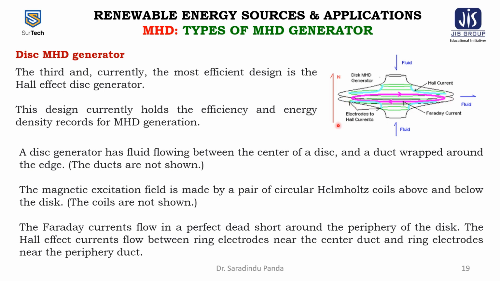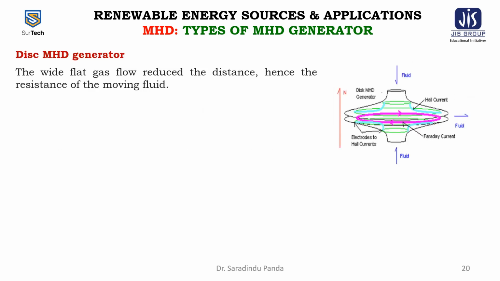The Hall effect currents flow between the ring electrodes near the center duct and the ring electrodes near the periphery duct. These are the Hall electrodes for the Hall currents.